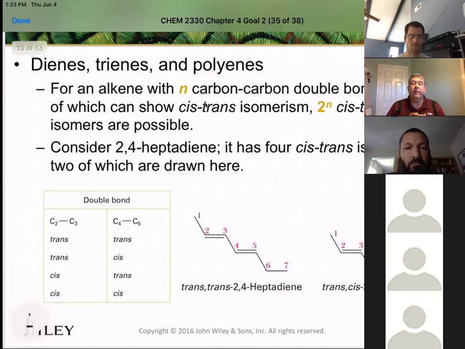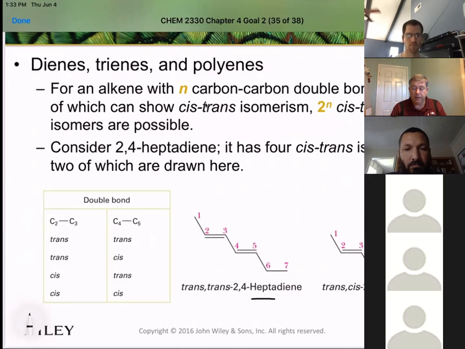Okay, and then the last thing is if you have more than one double bond in a diene, you're going to follow pretty much the same rules, except of course you're going to try to get the first double bond to be at the lowest number, and all subsequent double bonds need to be labeled by which carbon they start on.